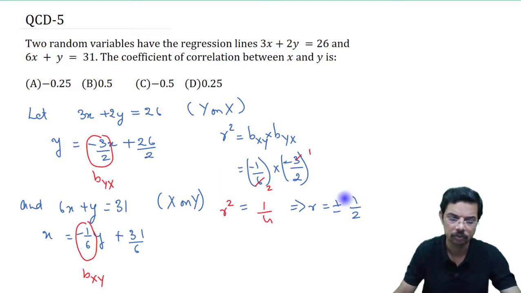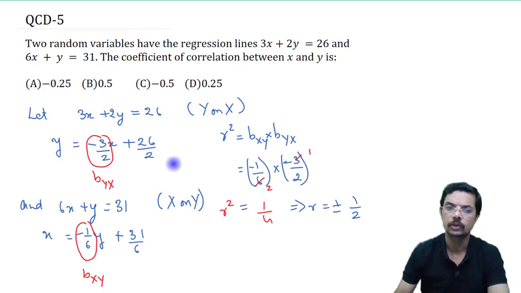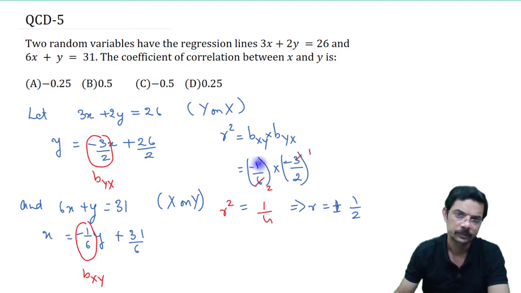Since both the regression coefficients are negative, the correlation coefficient r will also be negative, minus 1 by 2.